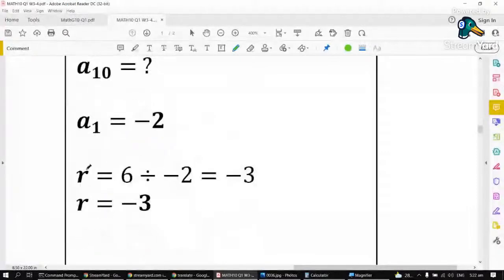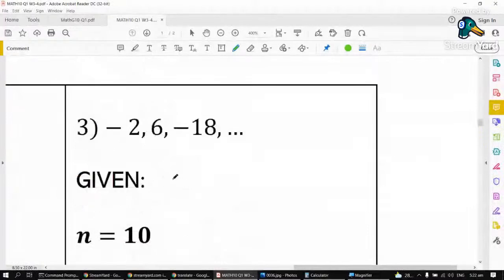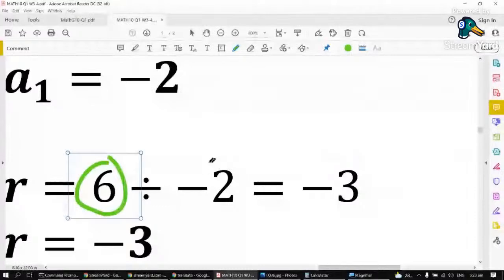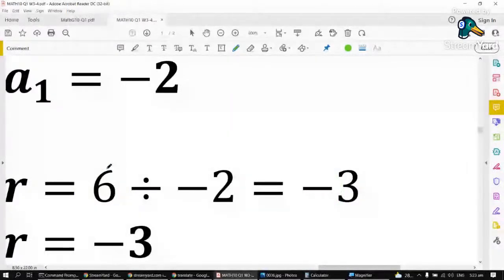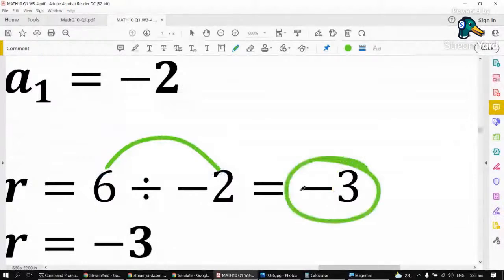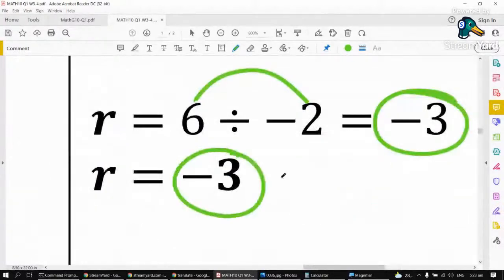And then, our common ratio is 6 divided by negative 2. Positive 6 divided by negative 2 is negative 3. Positive divided by negative, so our answer is negative. And 6 divided by 2 is 3. So, negative 3. Our common ratio is negative 3.